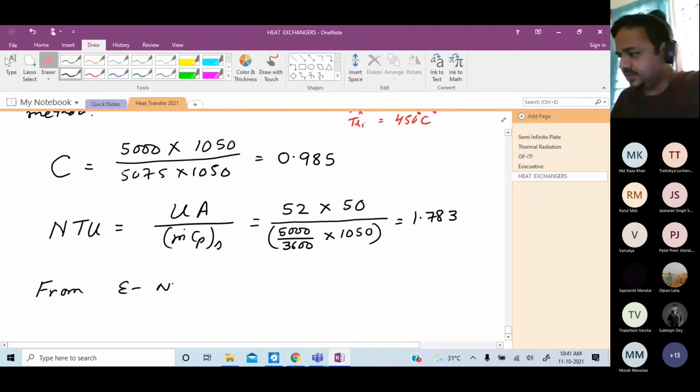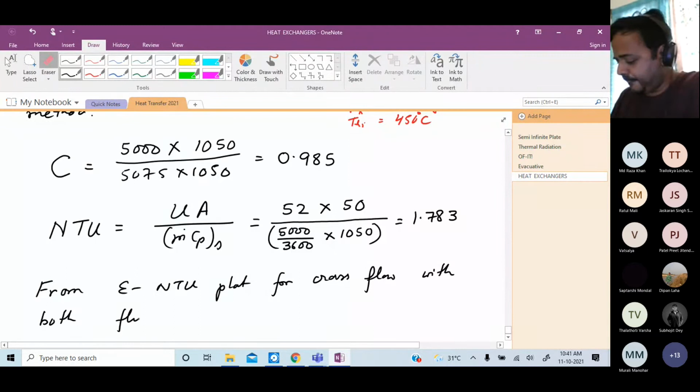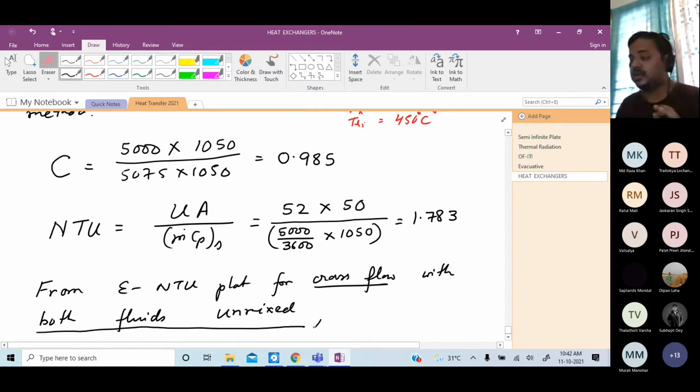So from epsilon NTU plot for cross flow with both fluids unmixed. It is important to recognize or identify.